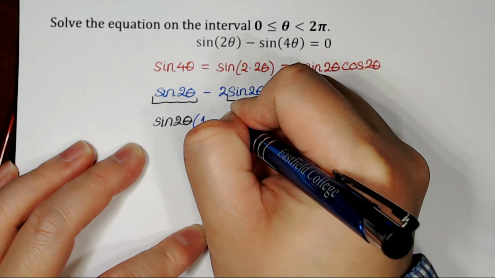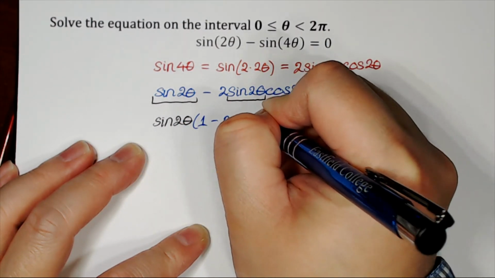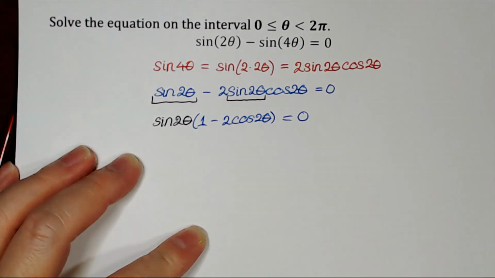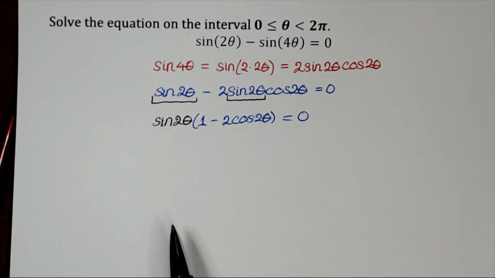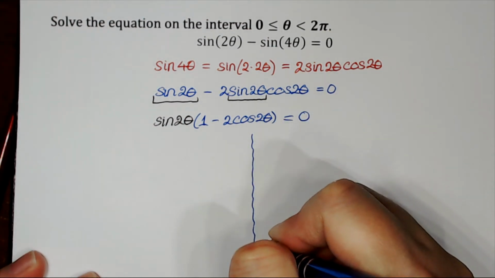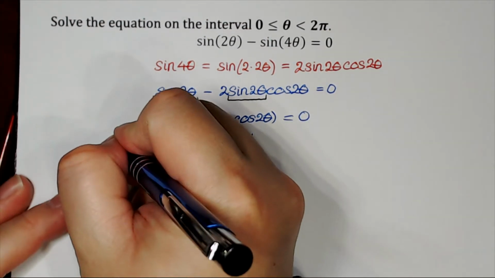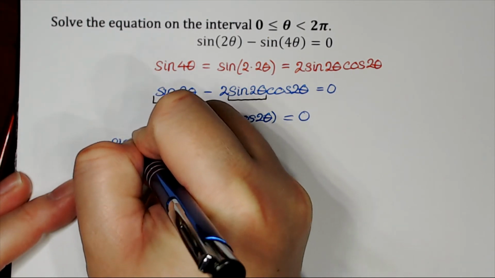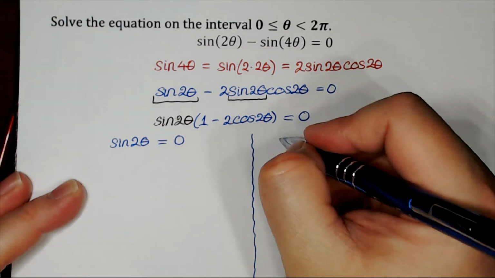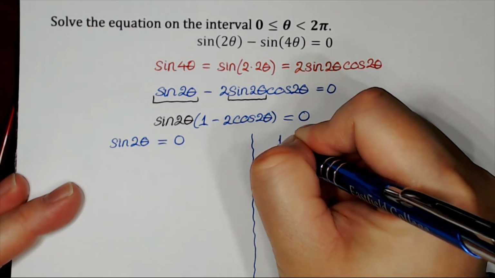So the first one is going to be 2 pi over 3, and this one will be 4 pi over 3. And from 0 to 2 pi, those are the only answers we have. So we have pi, 2 pi over 3, and 4 pi over 3.